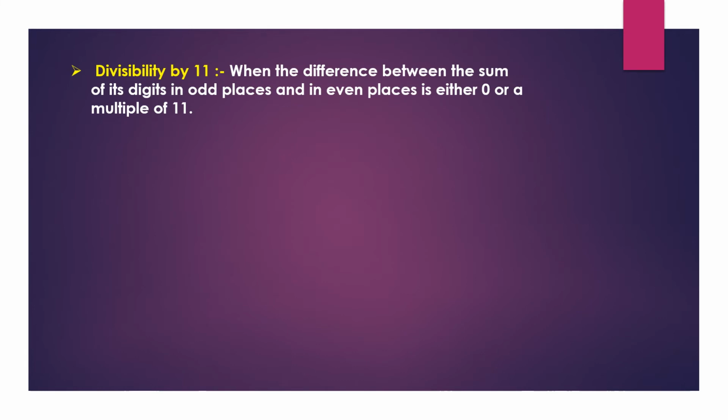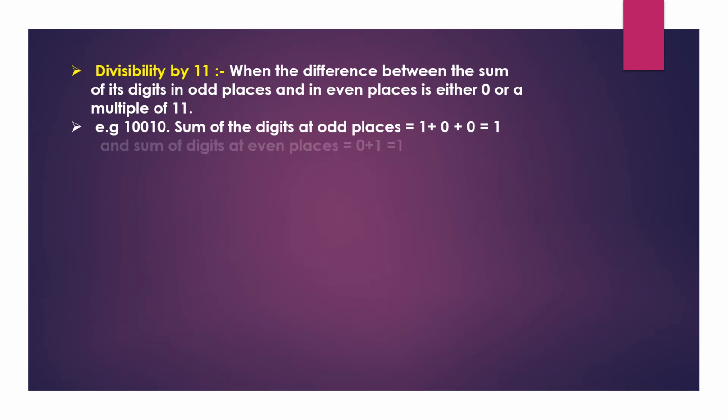Moving forward, let's talk about the divisibility test of 11. When the difference between the sum of the digits in odd places and in even places is either 0 or a multiple of 11, then the number is said to be divisible by 11. For example, let's take 10,010. The sum of the digits at odd places, that is 1 plus 0, is equal to 1.